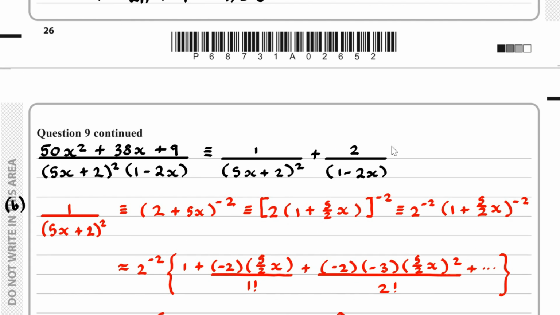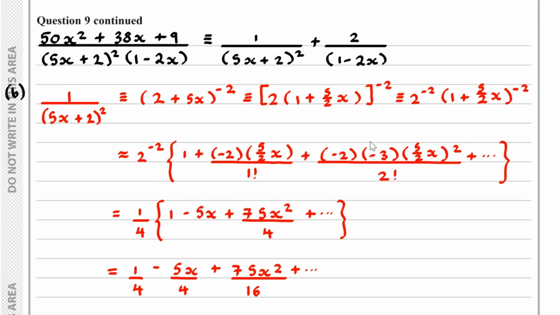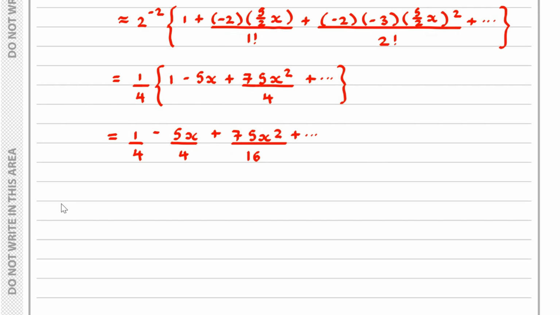Let's now focus on the 2 over 1 minus 2x. 2 over 1 minus 2x, we've got 2 lots of 1 minus 2x to the power of minus 1.